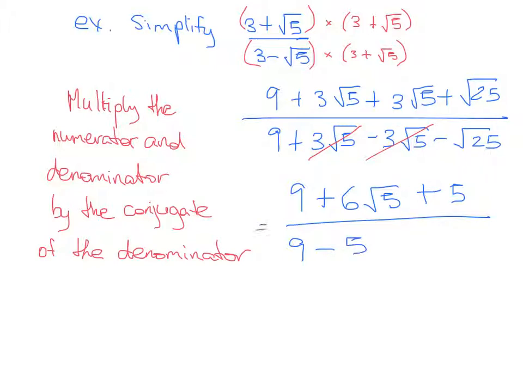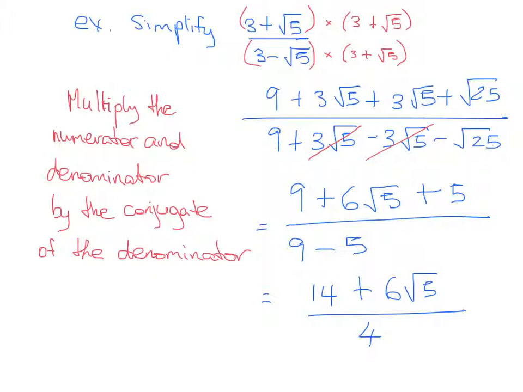All right, we're almost there. Now we have like terms, 9 and 5, which gives us 14 when we add them. So 14 plus 6 root 5 over like terms here, 9 minus 5 gives us 4.